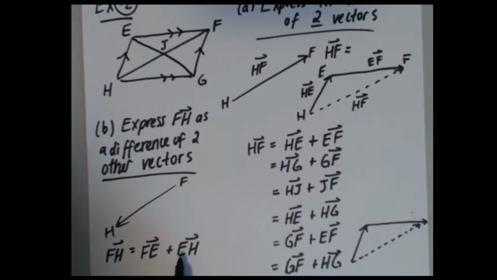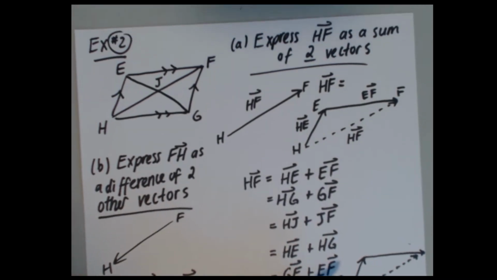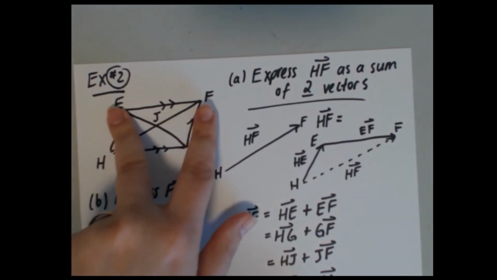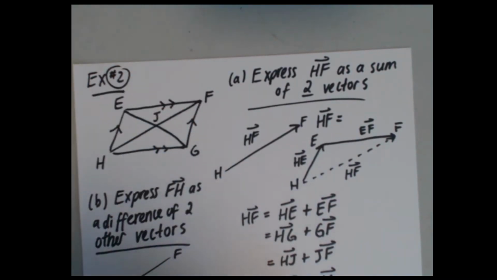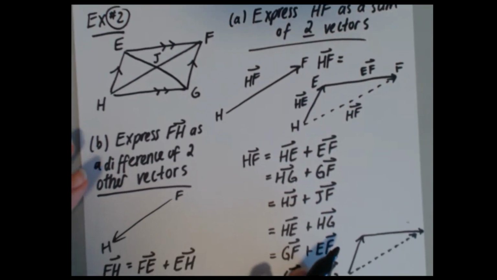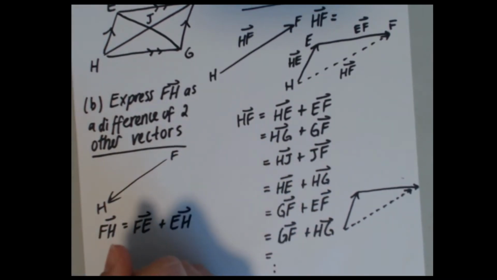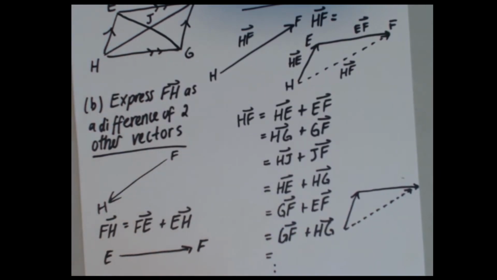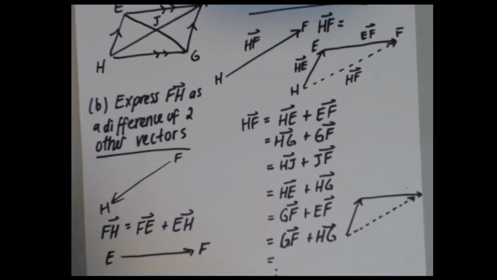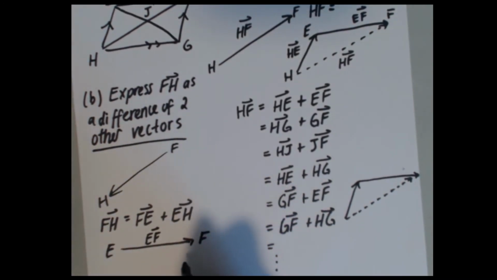So if I have vector EH, I'm going to change that into its opposite vector. Let's take a look at the picture again. EH has a certain length and it's going to the right. So let me resketch vector EF down here. EF looks like this. It's going to the right and has about this length. If that's EF, then the opposite vector, FE, would have the same magnitude and go in the opposite direction. So this would be FE.